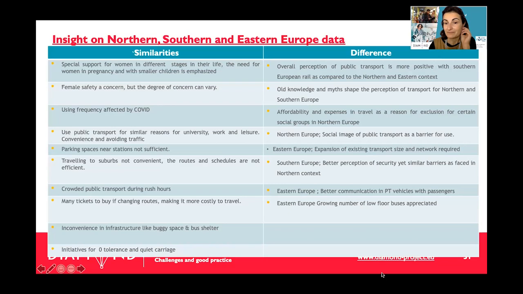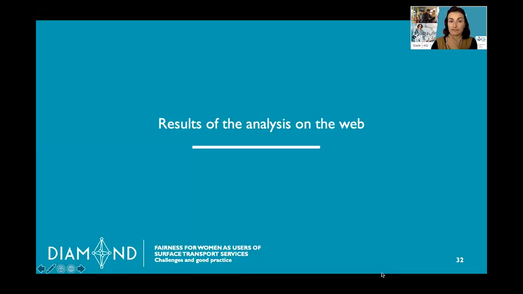For instance, in the Eastern European sample, we found that they asked for better communication, but that wasn't necessarily asked for in the Irish sample or the Spanish one. Similarities were, for instance, different types of ticketing options and different types of value for money options in terms of the prices offered for the services.